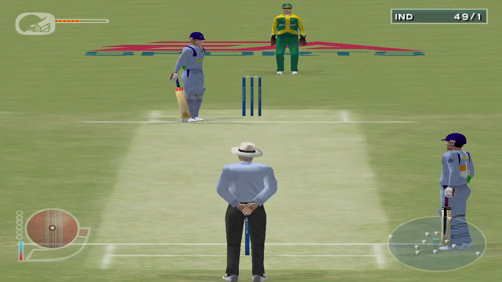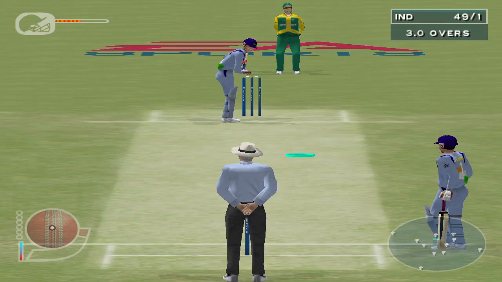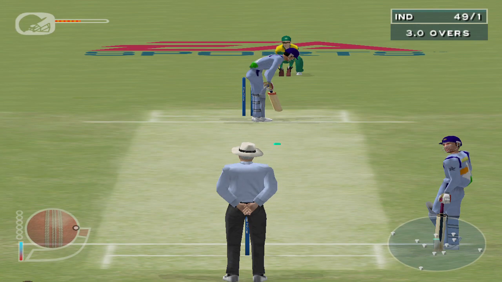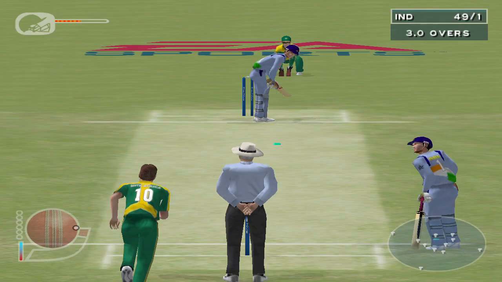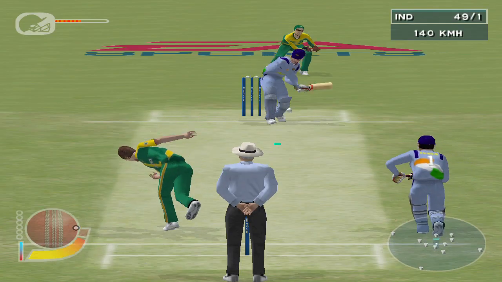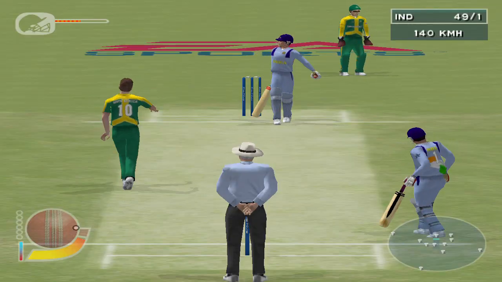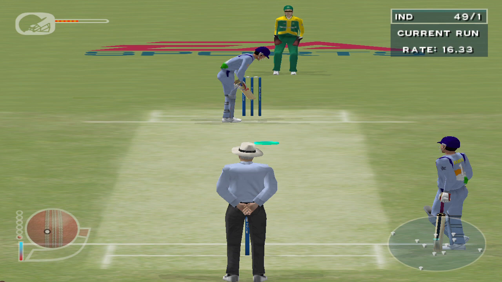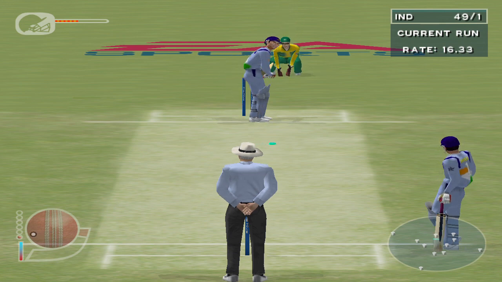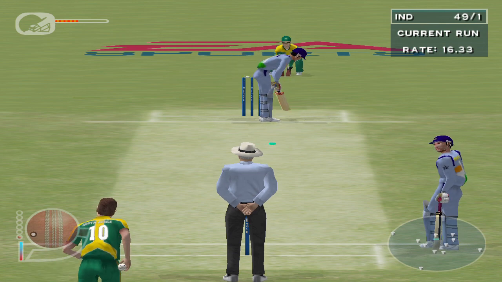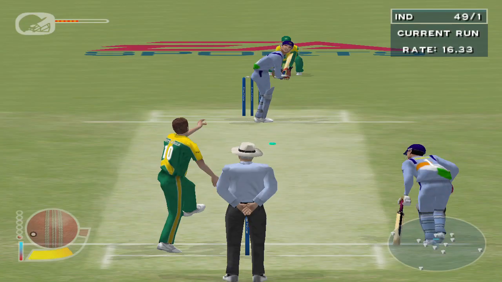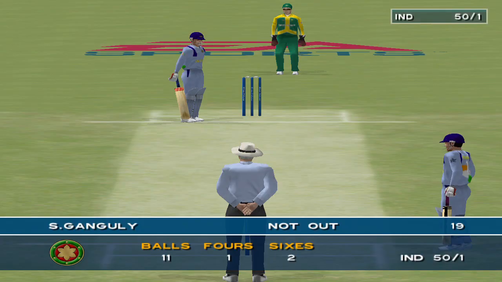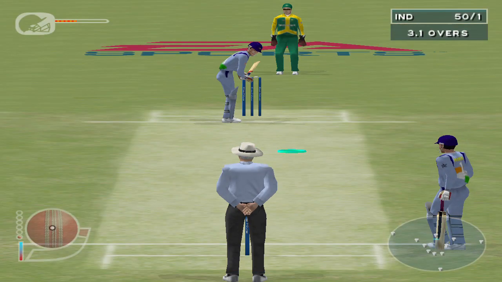One more for Ganguly. 12 runs were picked up from that over by Ganguly. Ganguly facing. India will be pleased with the progress they've made so far.